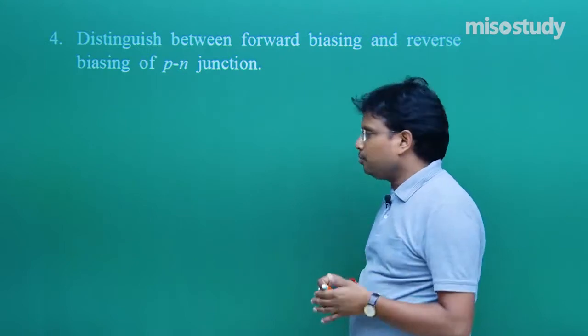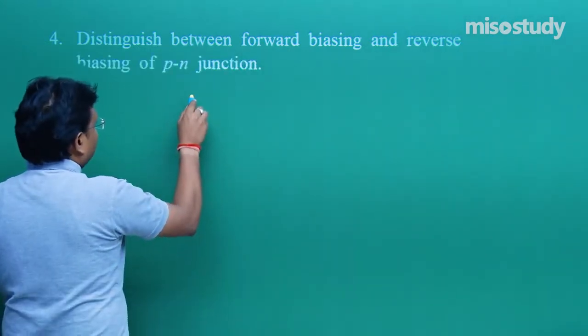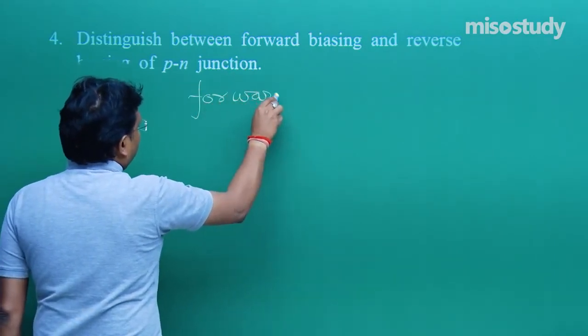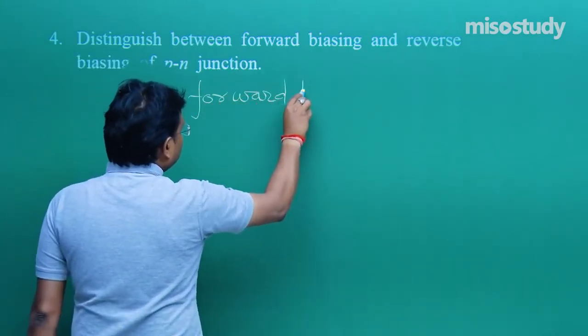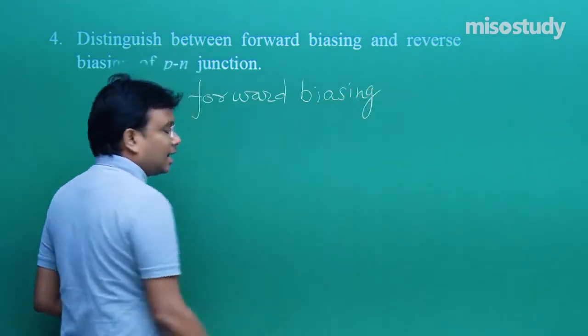So, what should be the process of answering? The answer should be: forward biasing. Let us say you forget each and everything.